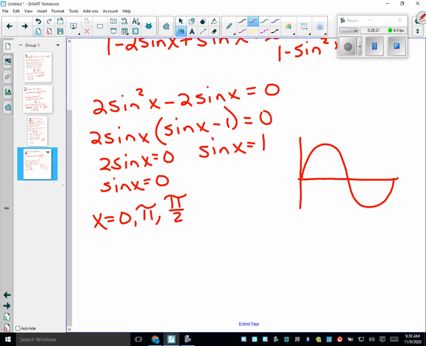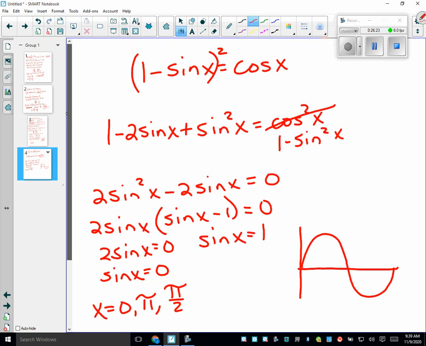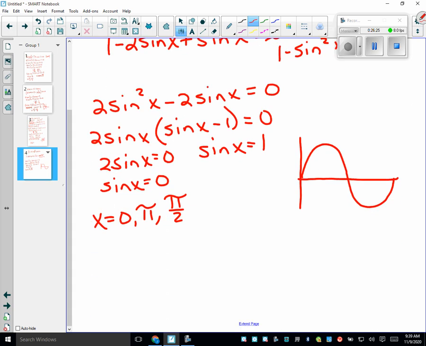Now remember, my original problem was 1 minus sine of x equals cosine of x. So, what's the sine of 0? 0. So 1 minus 0 equals, cosine of 0 is 1. So that one works.